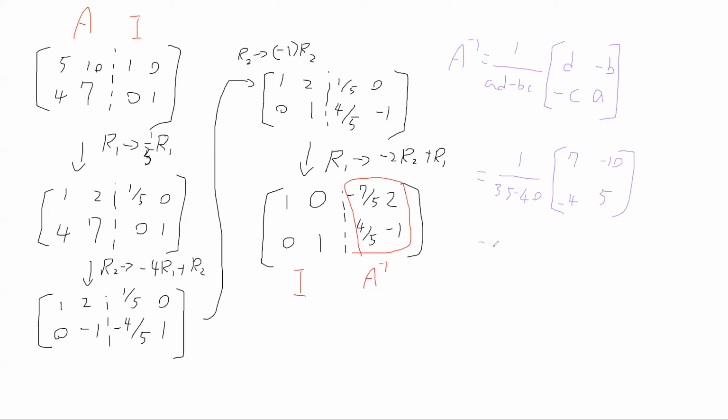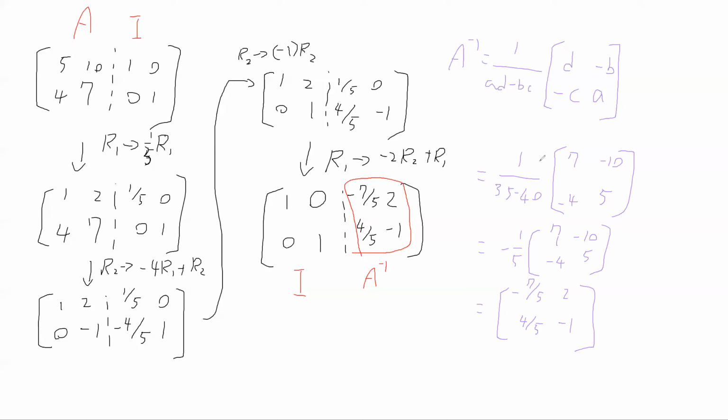Okay, so here we have -1/5 multiplied by this matrix 7, -10, -4, and 5. And let's see what we have. We get -7/5, 2, 4/5, and then -1. Okay, and that is your inverse using theorem 4, which matches with this part, right? -7/5, 2, 4/5, and -1.